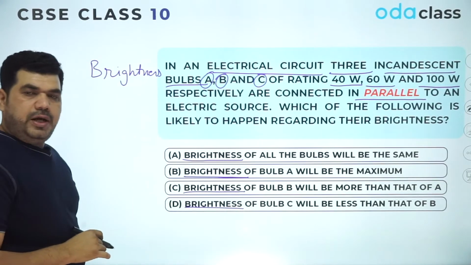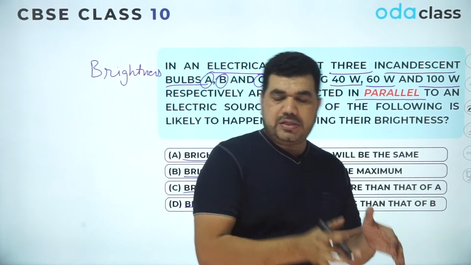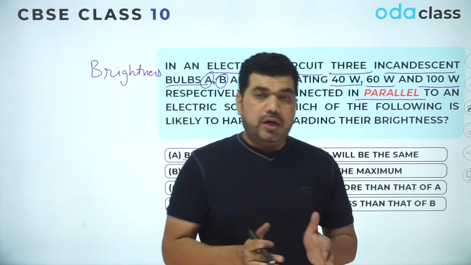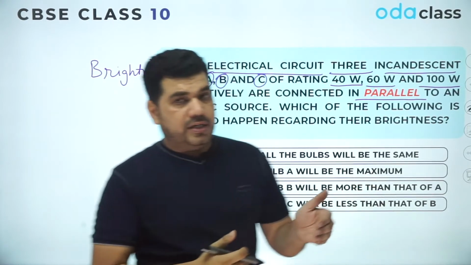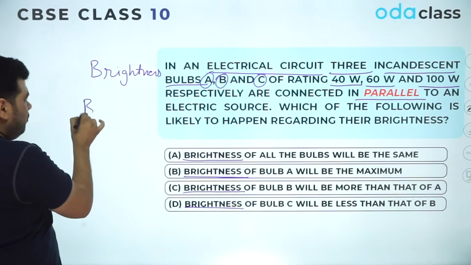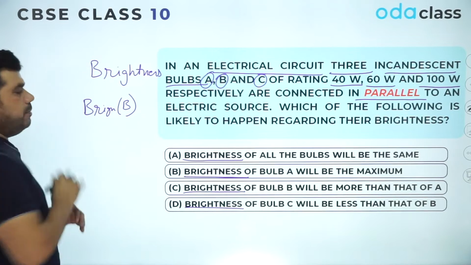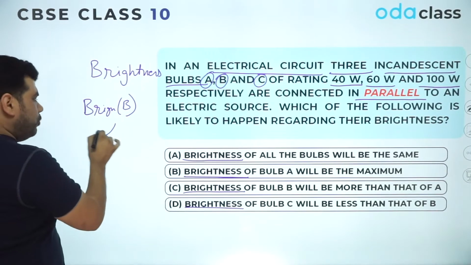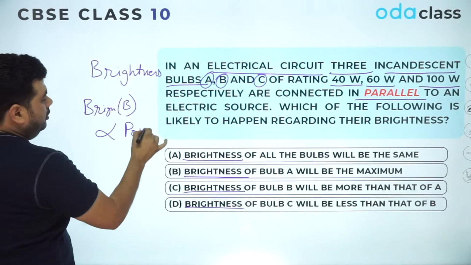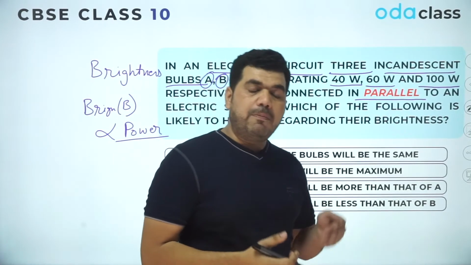So you have to find the maximum brightness, minimum brightness, or greater or lower brightness. Just see here that brightness, which I can represent by B, is directly proportional to power. So if a bulb has more power, it will be more bright.